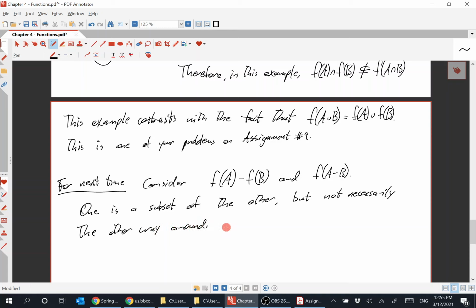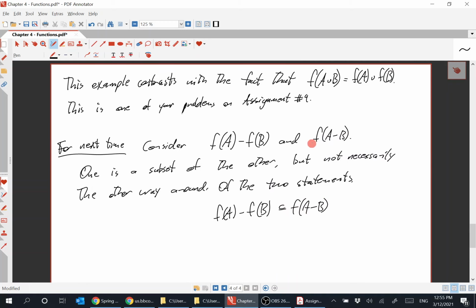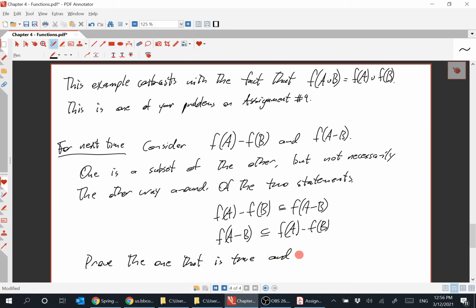So of the two statements, f of A minus f of B is a subset of f of A minus B, and f of A minus B is a subset of f of A minus f of B, prove the one that's true, and give a counterexample to the one that is not.